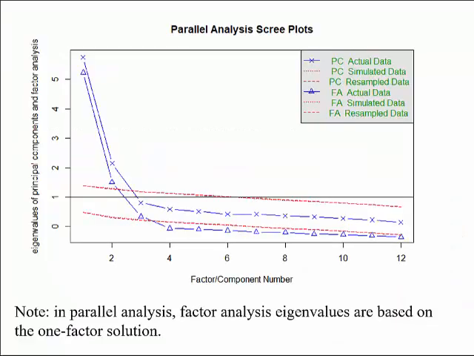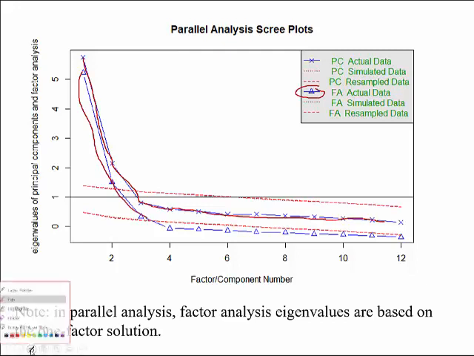So to clarify what I was just talking about, here are results from a parallel analysis. These results show a scree plot, one scree plot using a principal components analysis with the x's. And another scree plot for doing a factor analysis. And you can see the scree plot for the principal components analysis has eigenvalues that are all just a little bit higher than the eigenvalues I get if I do my factor analysis.